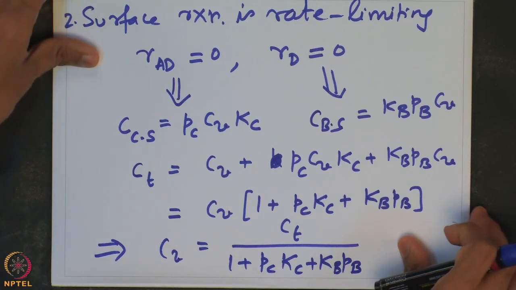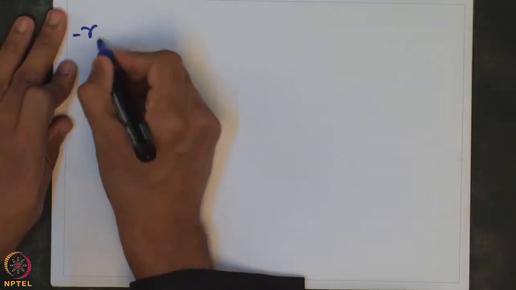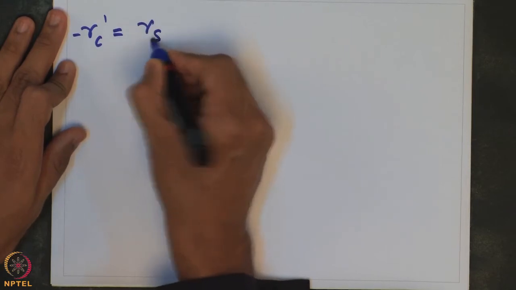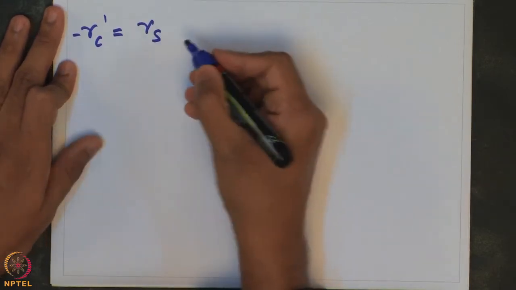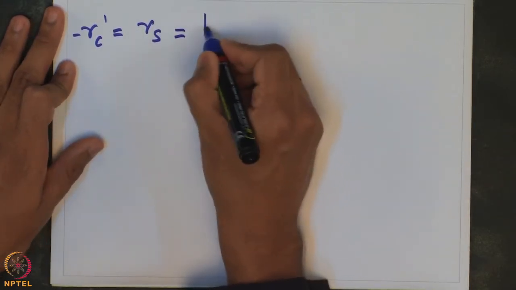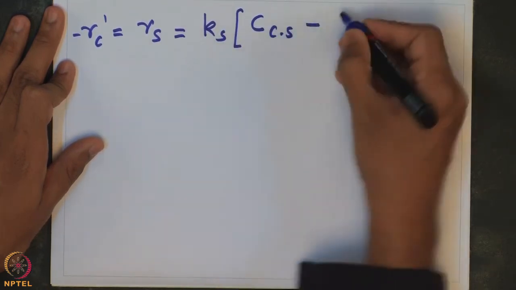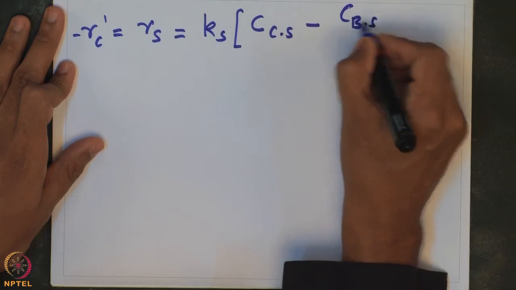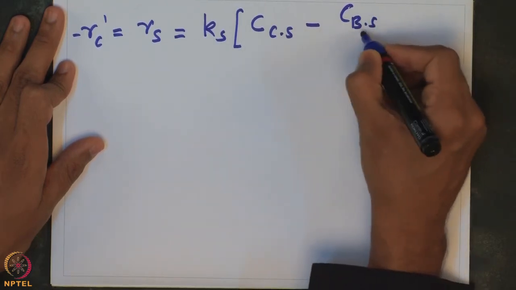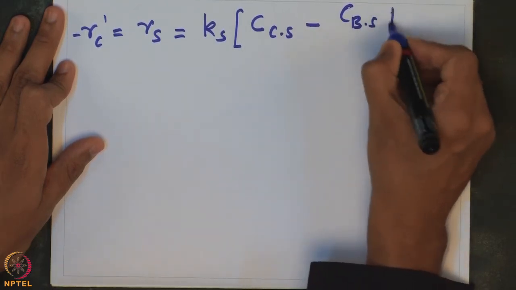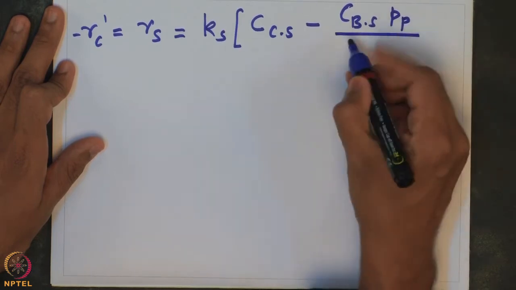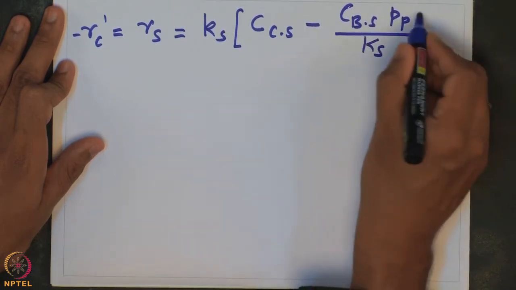Now we can plug this expression into the rate at which the surface reaction happens. The overall reaction rate of cumene is given by the rate at which the surface reaction happens, and that should be equal to Ks into Cs into Cbs, the concentration of benzene attached to the sites, multiplied by the partial pressure of propylene divided by Ks.